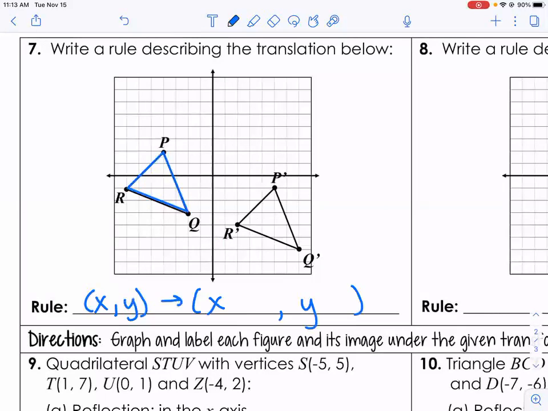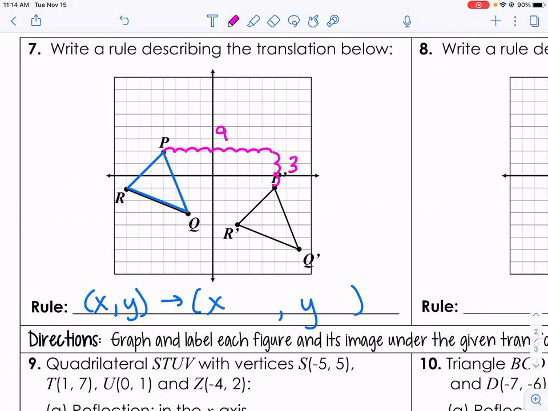Nine, right, and down. Maybe. Okay, so it looks like to get from one shape to the other, we moved right 9 and down 3.